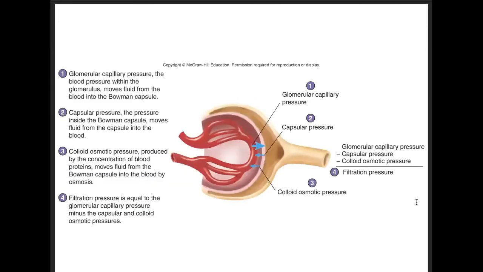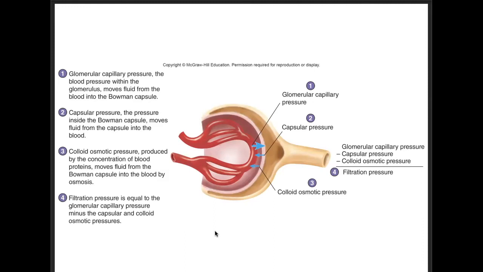Okay, so we can see here another illustration. This is the filtration process. So please read this one on your book. Your glomerular capillary pressure, the blood pressure within the glomerulus, moves the fluid from the blood into your Bowman's capsule. Now, the next step is the capsular pressure.